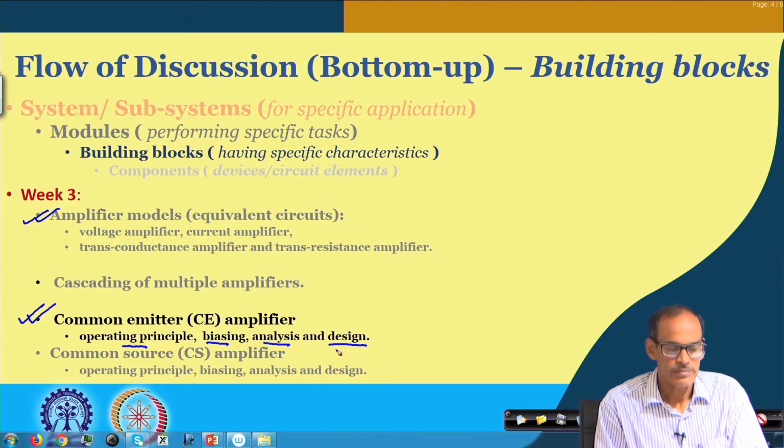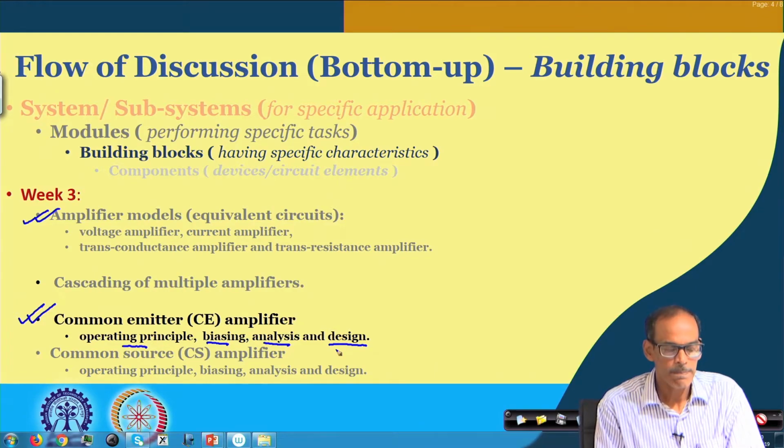But I must say that the topics we have covered so far, namely the device model, the methodology of analyzing nonlinear circuits, and the notion of small signal and large signal models of the BJT and MOS, will be frequently used.